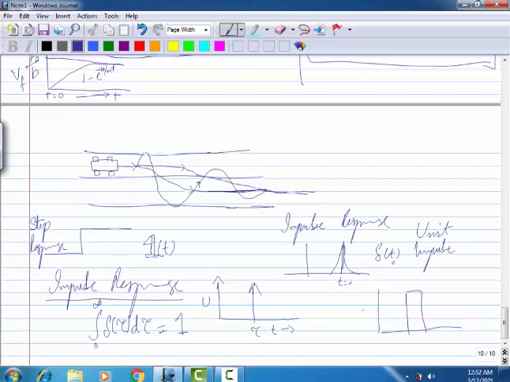One is the width and the second is the height. If I represent the height by u naught and the width by delta t, mathematically we say that as delta t tends to 0, u naught tends to infinity. This is the property of impulse.